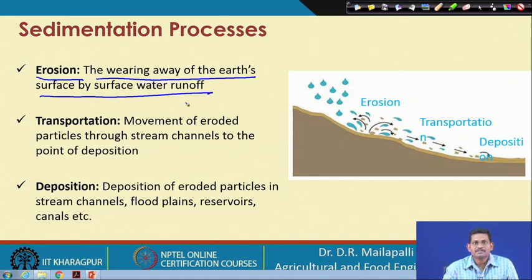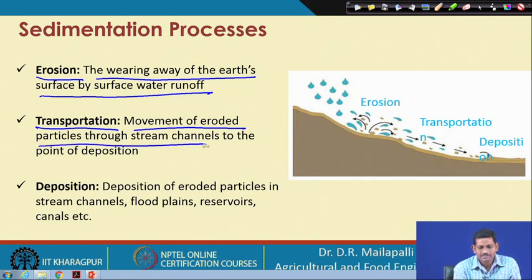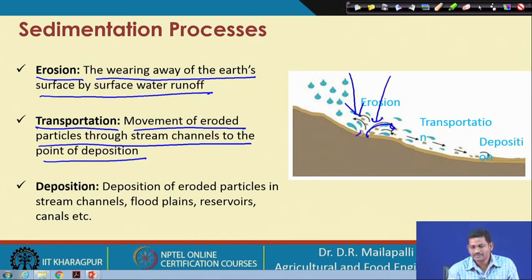Once the fragmented particles are sitting in nearby areas, because of rainfall or flooding flows, the loose particles will be transported from one place to another. That is transportation, the movement of eroded particles through stream channels to the point of deposition.